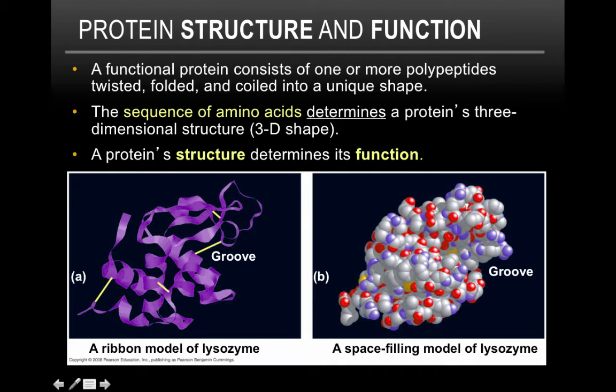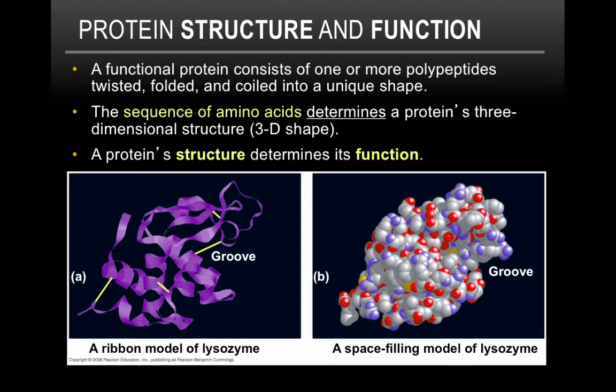So a functional protein is going to consist of at least one polypeptide, maybe two or three or four, that have twisted, folded, and coiled up into a very specific shape. The initial sequence of amino acids in that polypeptide will determine how a protein folds and what its final 3D shape will be, and this is essential to its function.